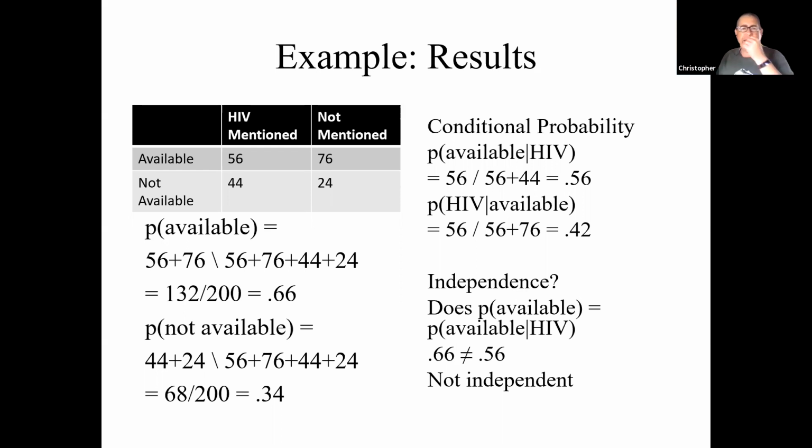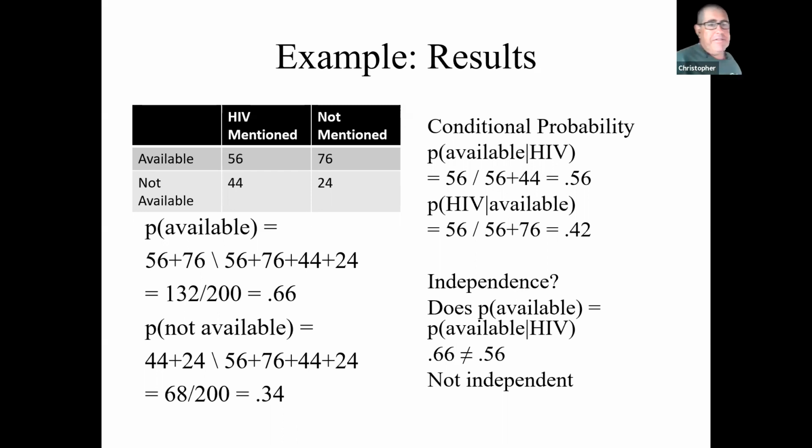So the probability of a rental being available, that's going to be those two cells in this table, 56 and 76, where we had availability, over the total number of calls. So that would be 200 is the total number. So the probability that any one apartment was listed as available would be 0.66. So about 2/3 of them were noted as available overall.